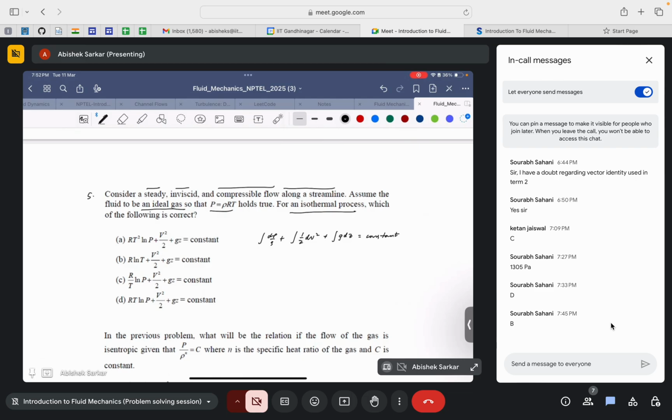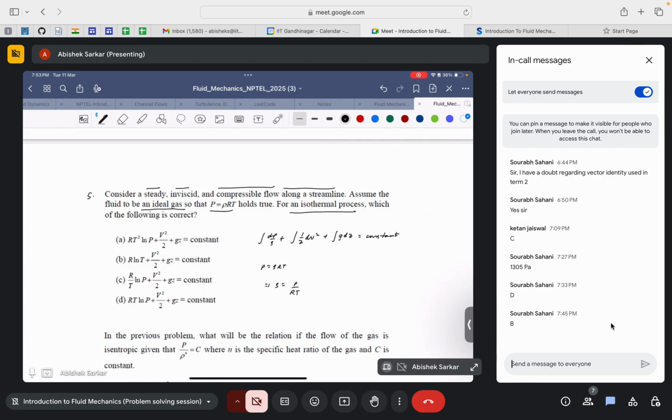So these two terms are quite simple, just simple integration, but the interesting part is this one, how you deal with this term. You have P is equal to rho RT. The hint is to substitute the expression for density in terms of pressure and then carry forward the integration. So rho would be P by RT.